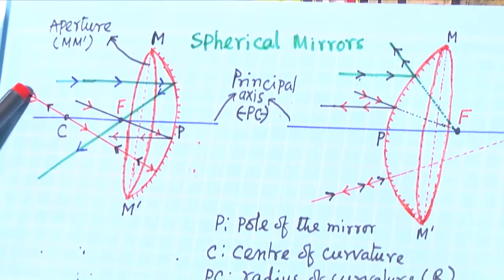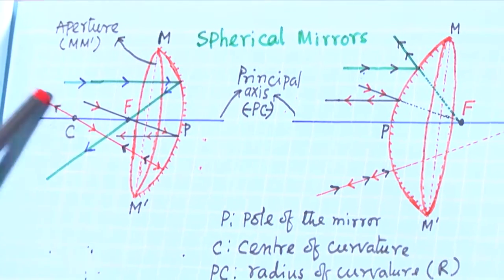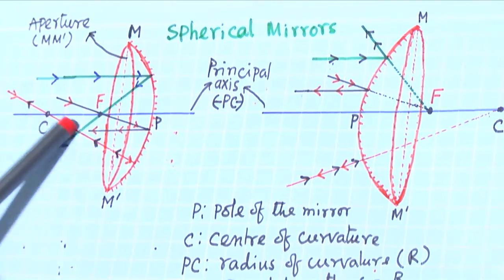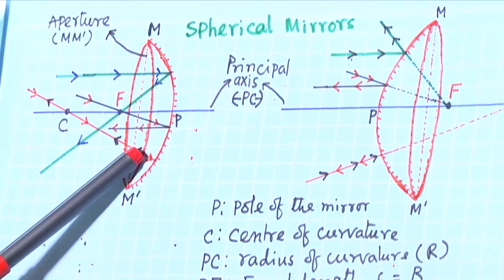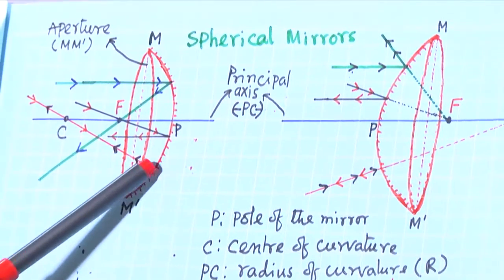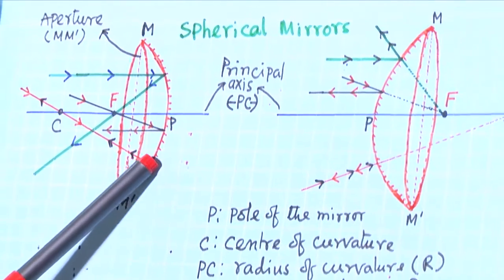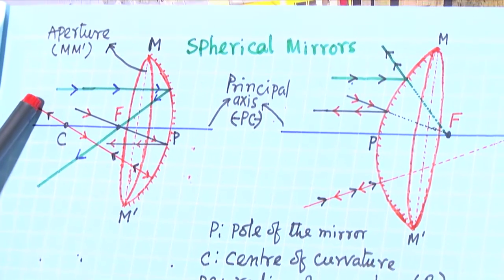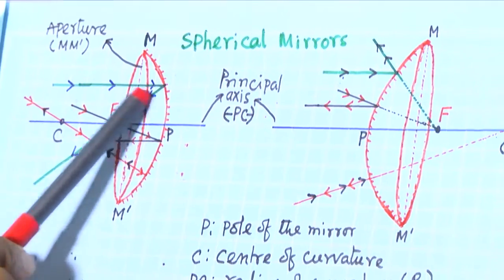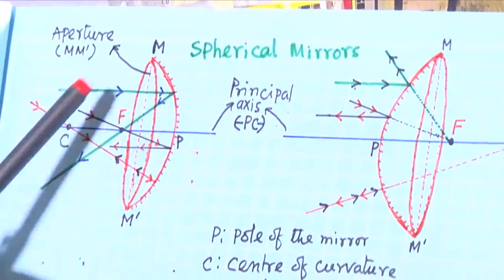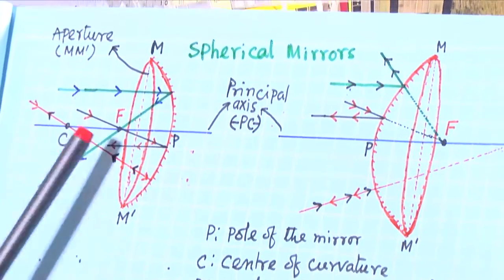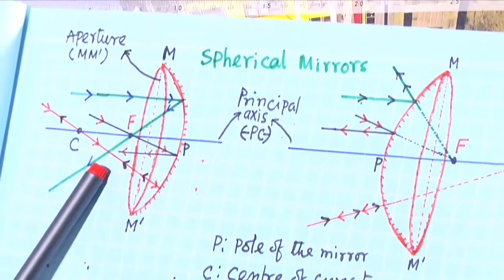This ray will fall on the mirror perpendicularly, okay. So that is why it will return back. Other cases can also be explained in the same way from the basic laws of reflection.